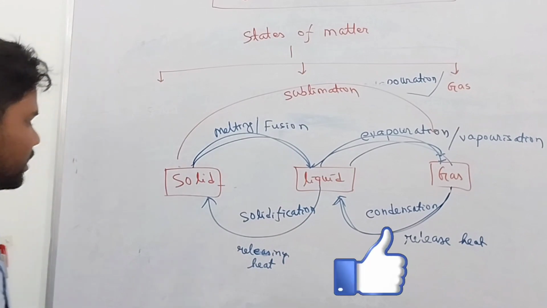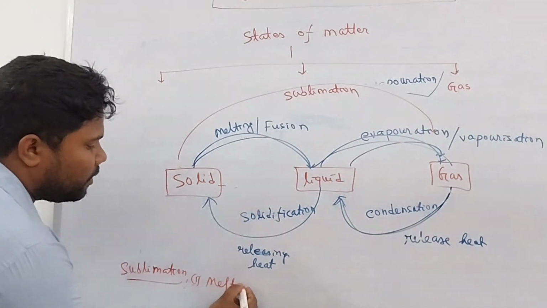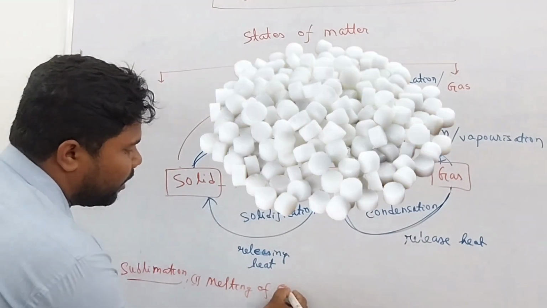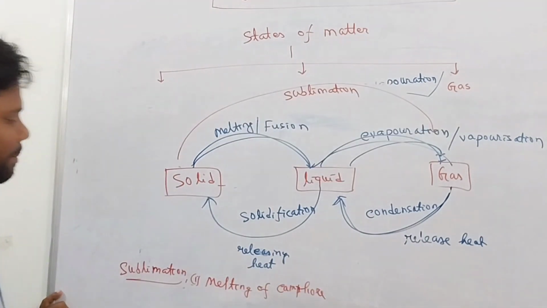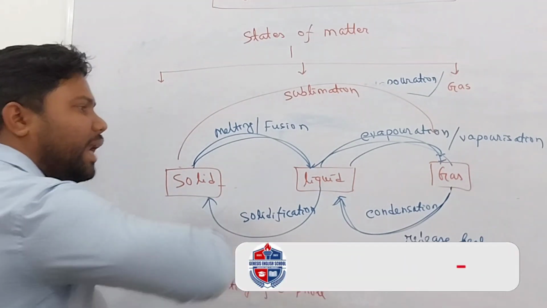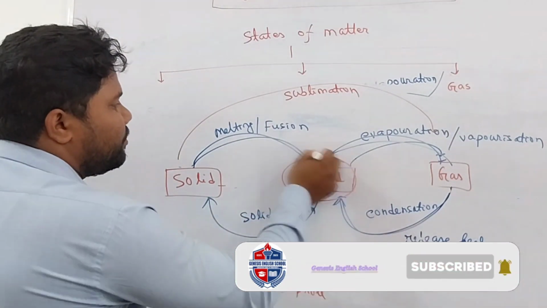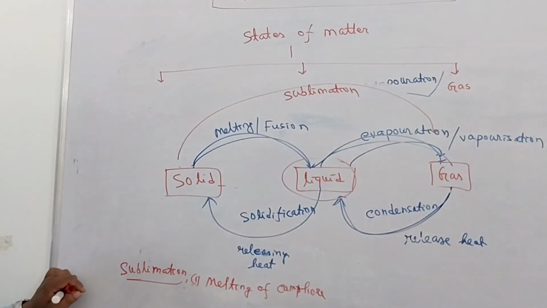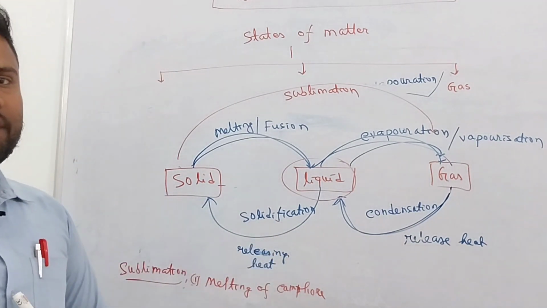The example of sublimation is camphor. If we heat camphor, it directly converts into vapor without forming liquid. This is the example of the sublimation process.